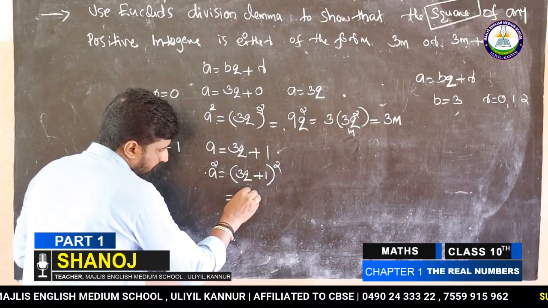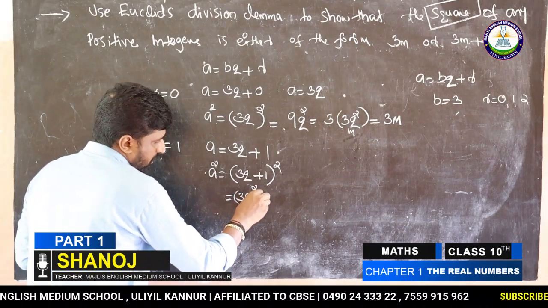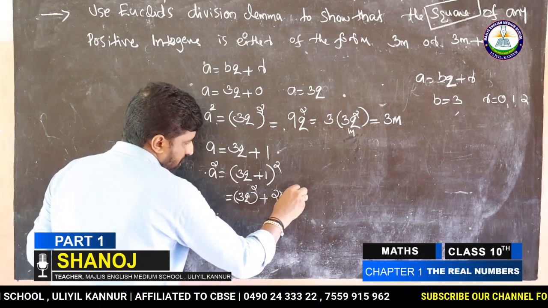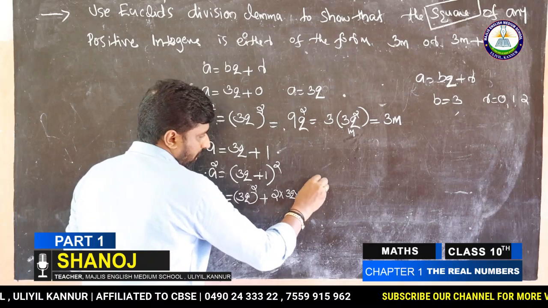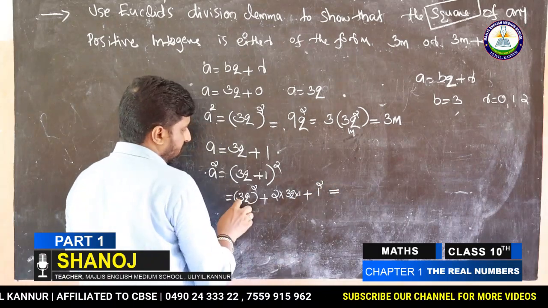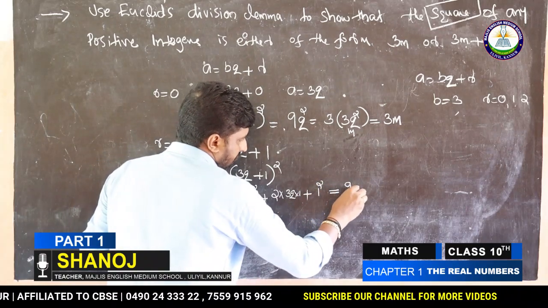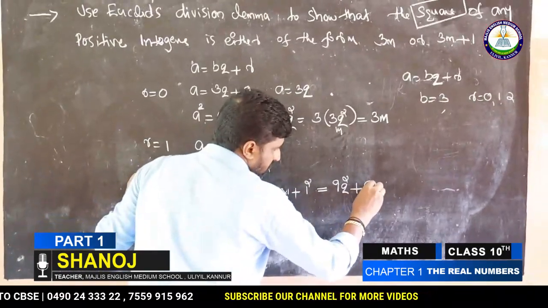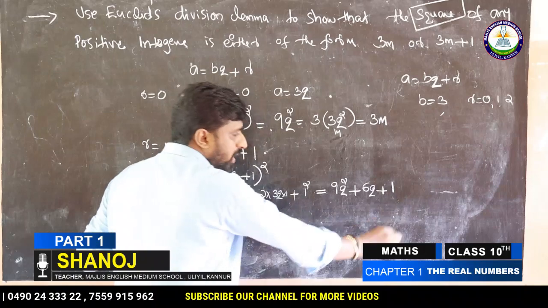A square plus 2AB, 2 into 3Q into 1, plus B square. That is 3Q whole square becomes 9Q square, plus 2 into 3Q becomes 6Q, plus 1.